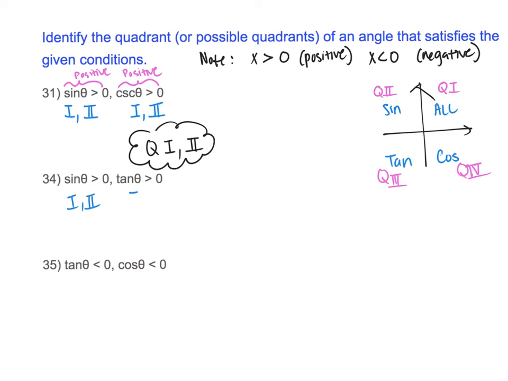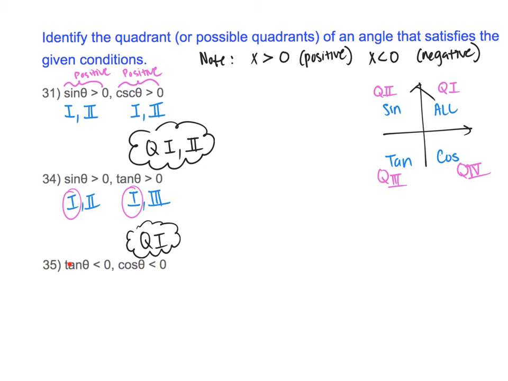So I'm going to write the first and the third quadrant. But it has to satisfy both conditions, and the only quadrant that satisfies both is the first quadrant. So only the first quadrant will satisfy both of the conditions.